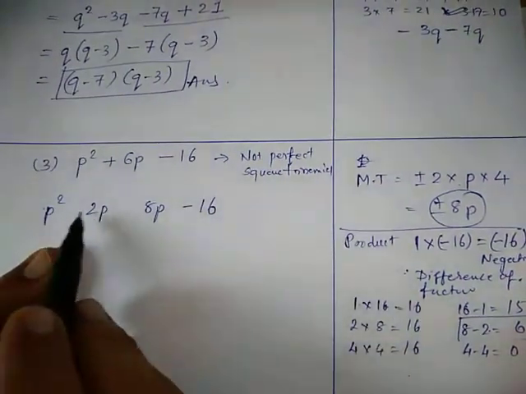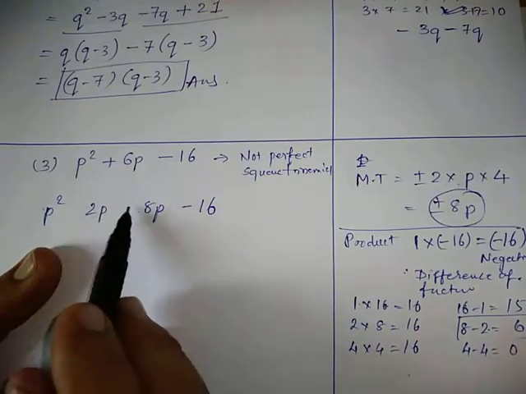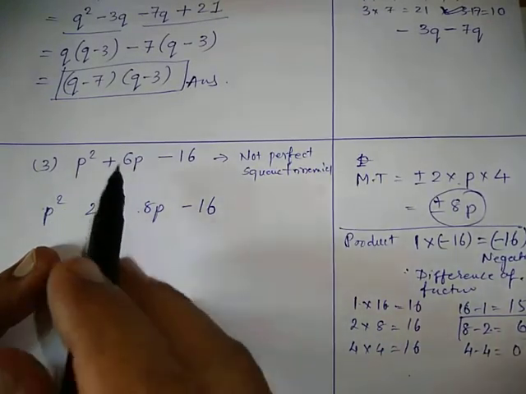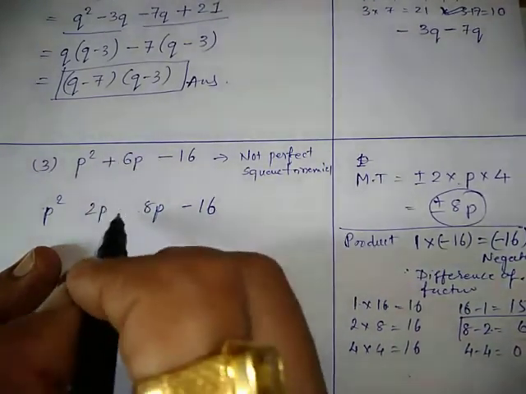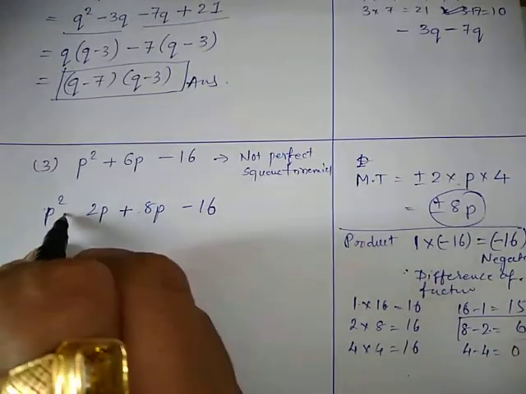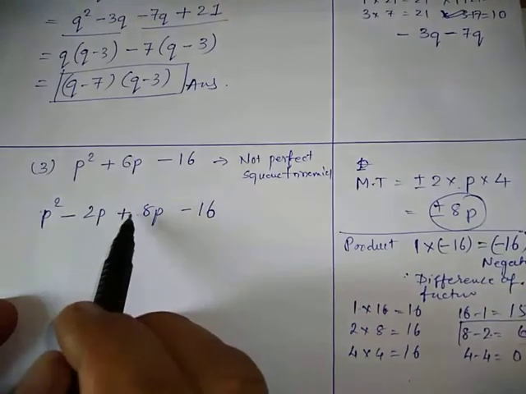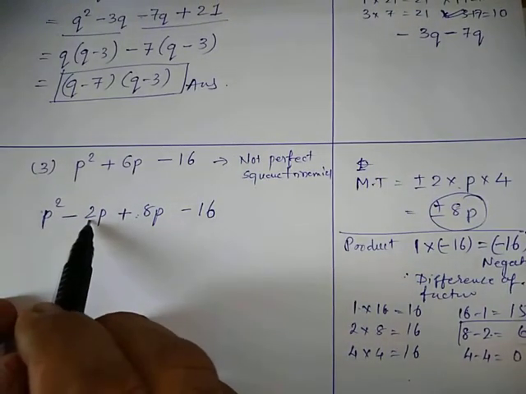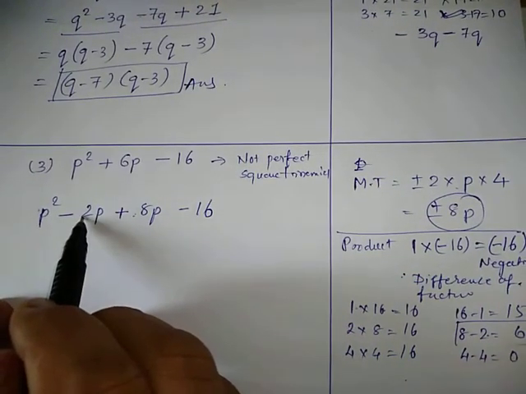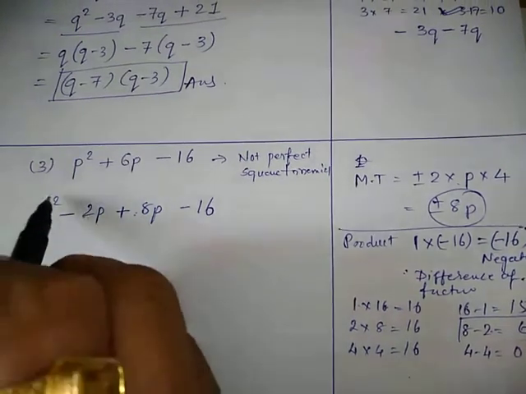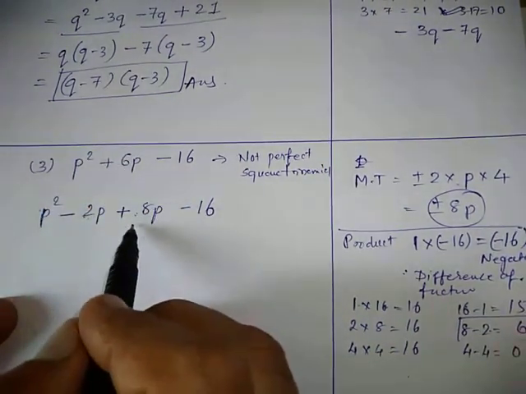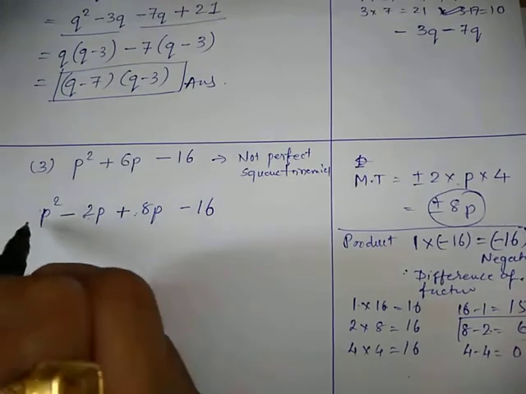But still I need to put the signs. Whenever the middle term is positive, the greater number will have the positive sign and the smaller factor the negative sign. So here the greater number has the positive sign and the smaller factor the negative sign.